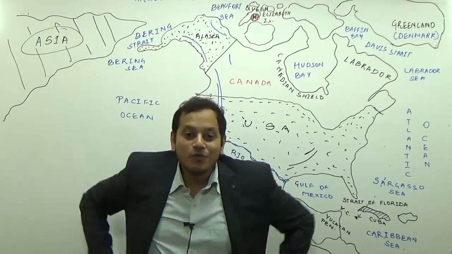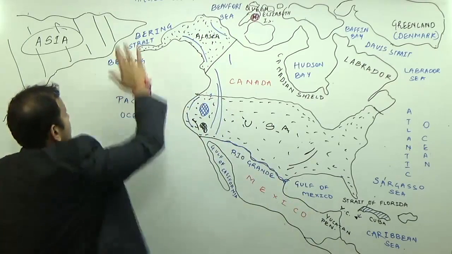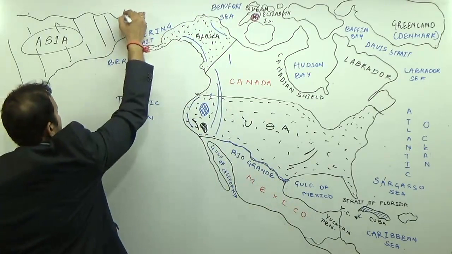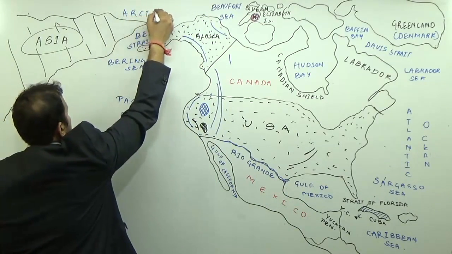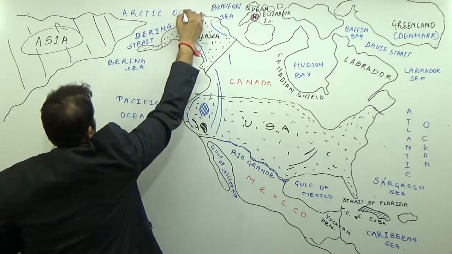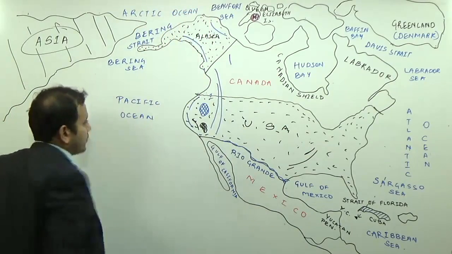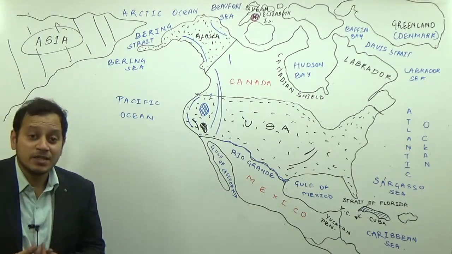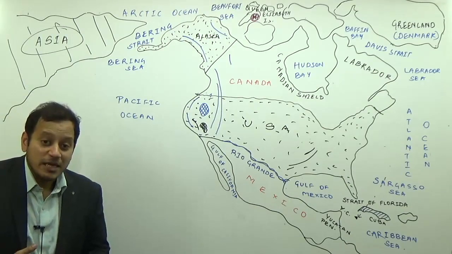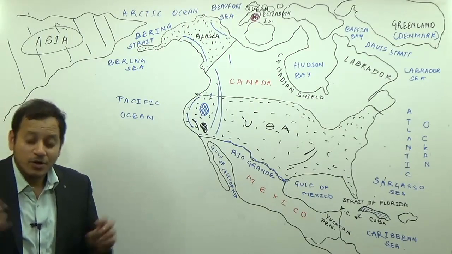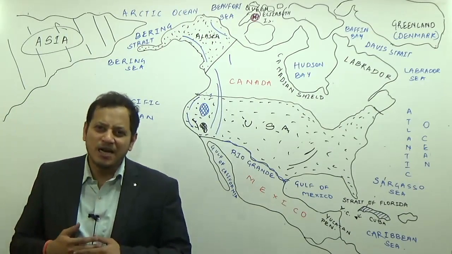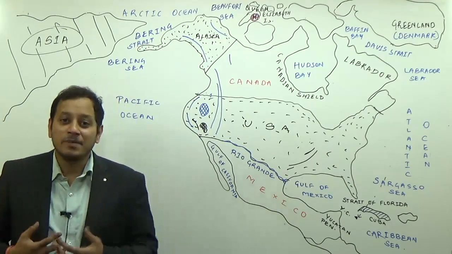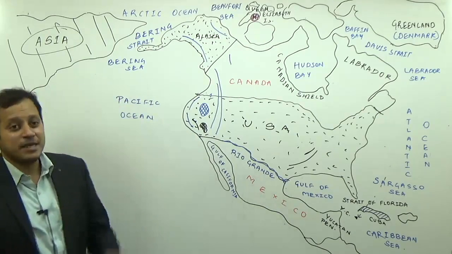So if I ask you what... Arctic Ocean region, which connects the Pacific Ocean with the Arctic Ocean. Or the general question which has been asked many times in the past is, what separates USA or North America from Asia? It is the Bering Strait.